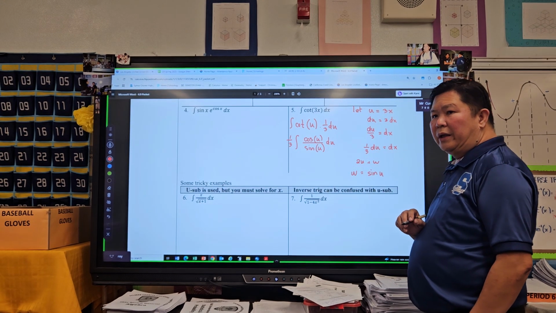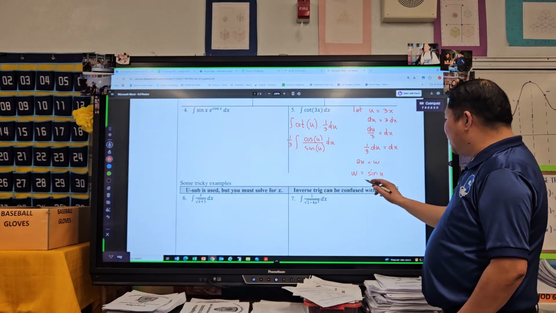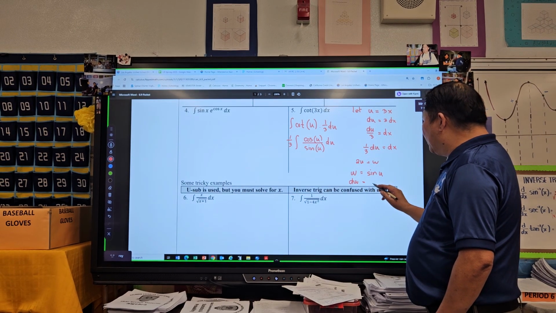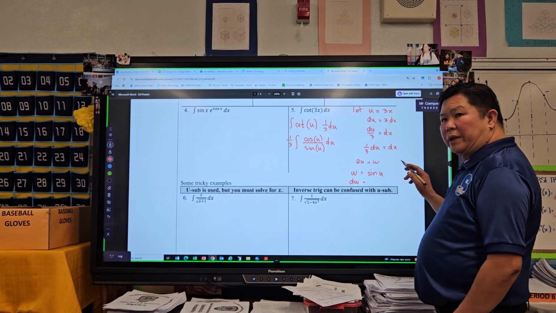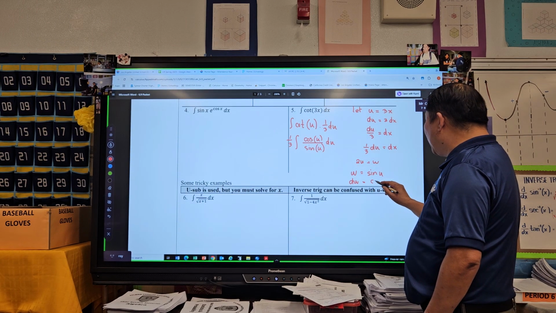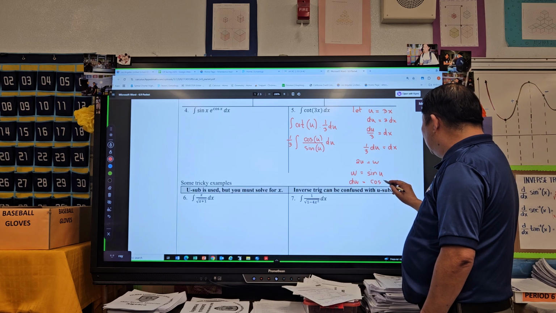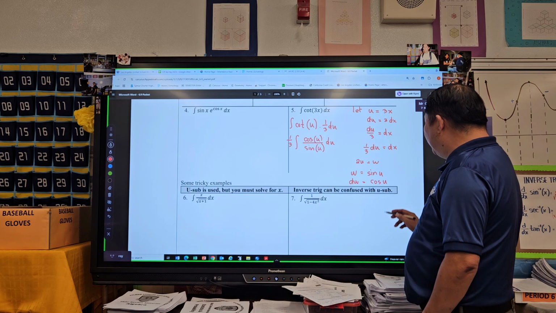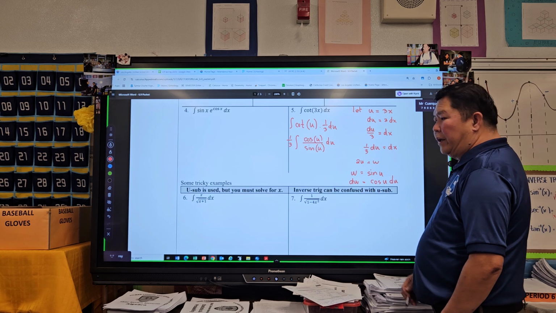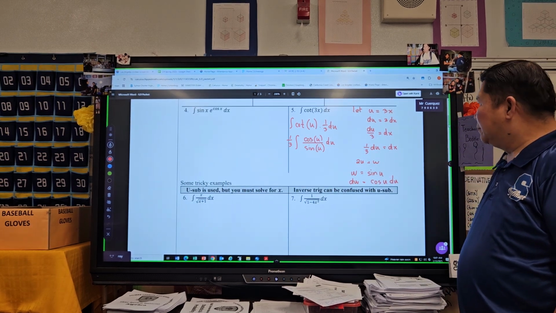Okay, and then we take the derivative, so dw is equal to, what is the derivative of sine? It's gonna be cosine, so cosine u du. Okay, so we're gonna plug in now.